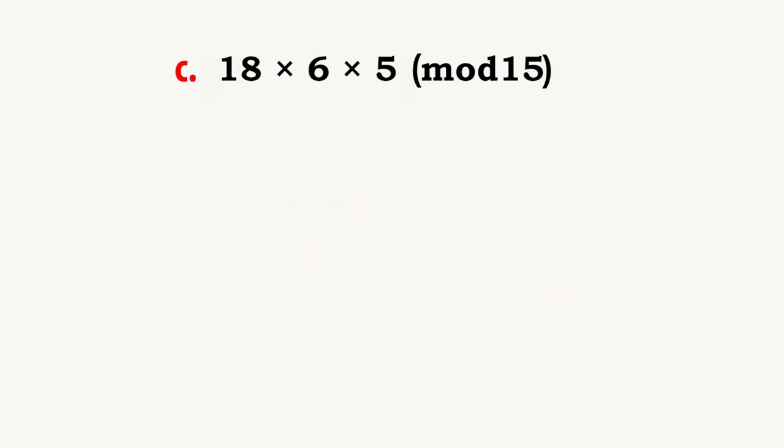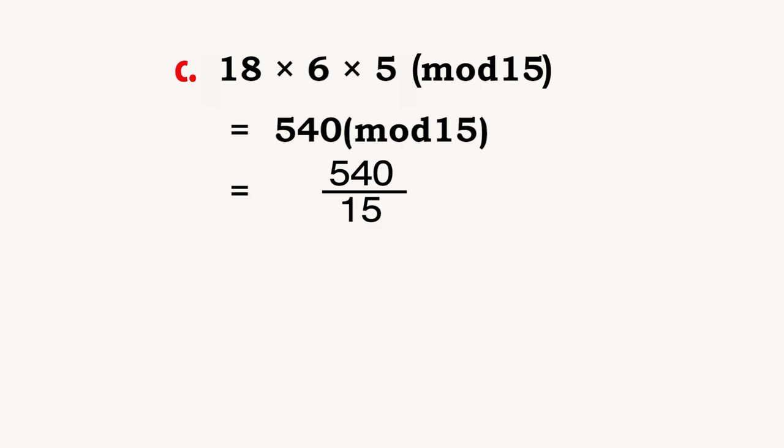Example 3. 18 times 6 times 5 mod 15. The first thing, multiply the three numbers. Our answer is 540 mod 15. Next thing, change 540 to a smaller number in mod 15.